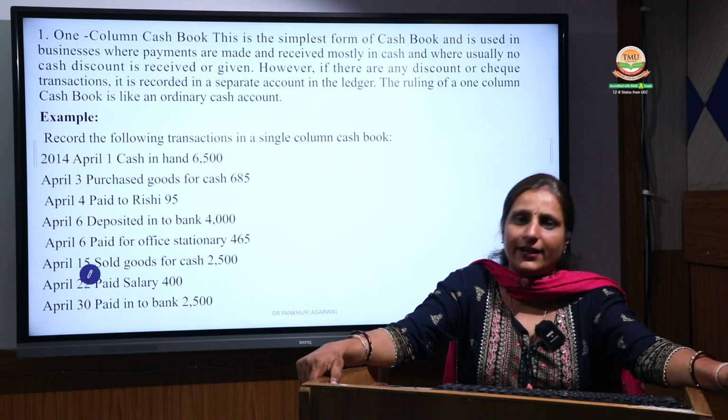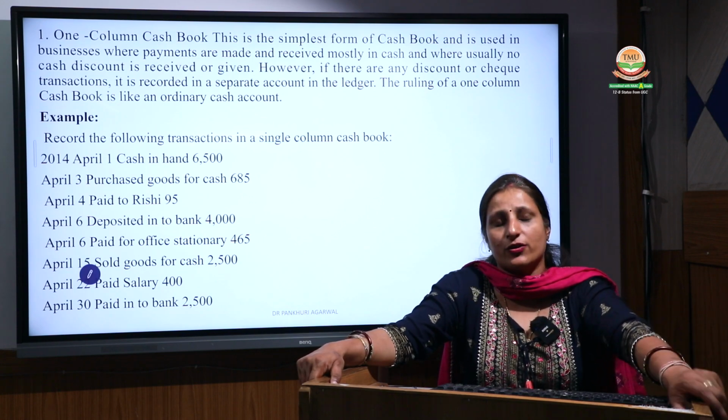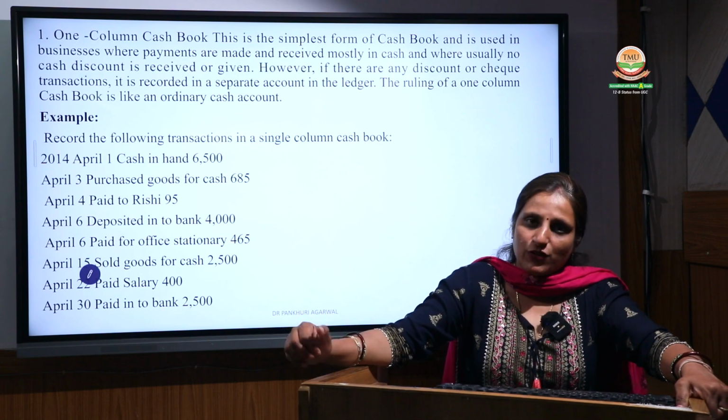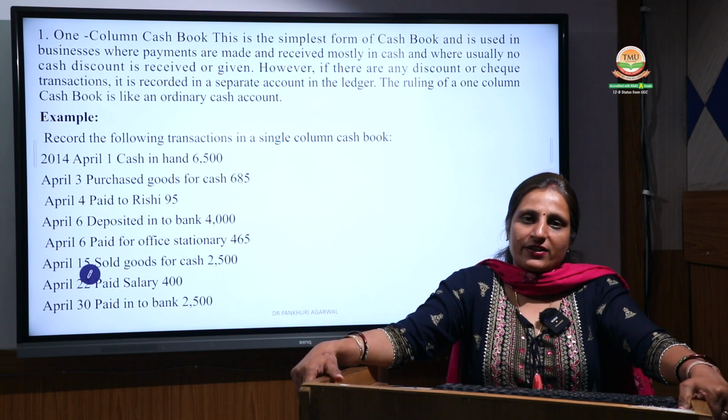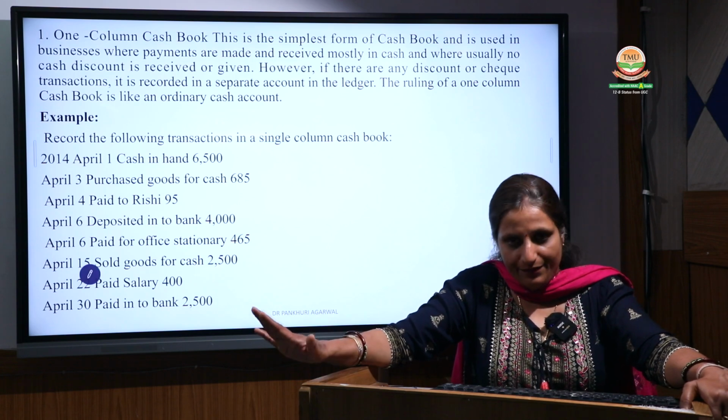It doesn't record any type of discount. For that, you have to prepare a separate account. If you want to record the cash discount, receipt or payment, you have to prepare the discount received and discount paid accounts in a separate ledger.